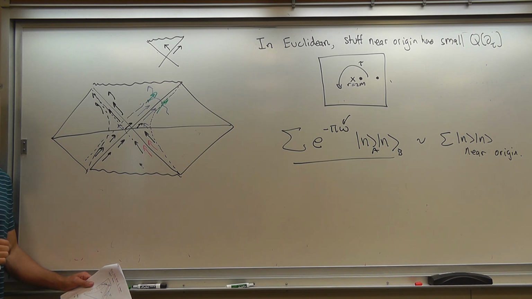Now, people sometimes talk about this picture as related to pair production across the horizon. Sometimes people say Hawking radiation is pair production across the horizon. Does that make any sense? I think it's not a bad analogy. How do we see that in this picture?